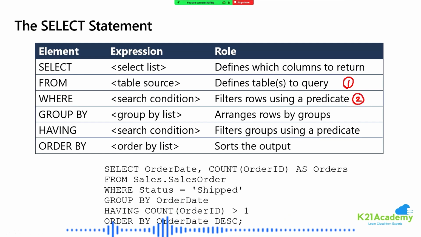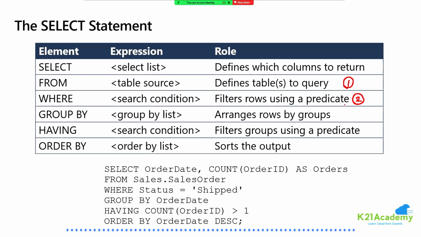In the source data that you are using, we use the where clause for filtering. If I want to narrow down my search, I would use a where clause. So from is the actual source from where you read the data, and the where clause is used to filter it.